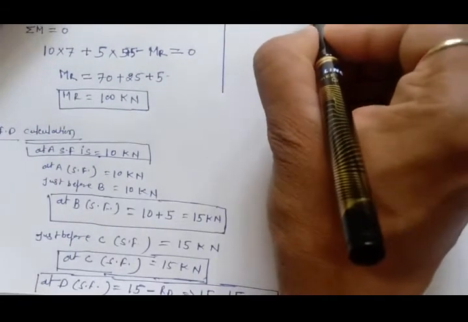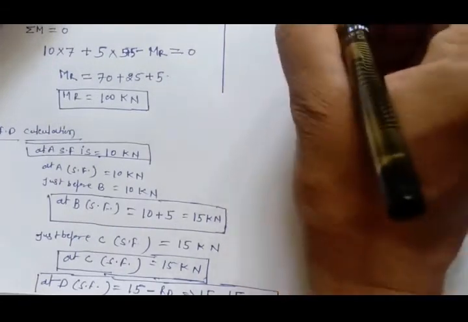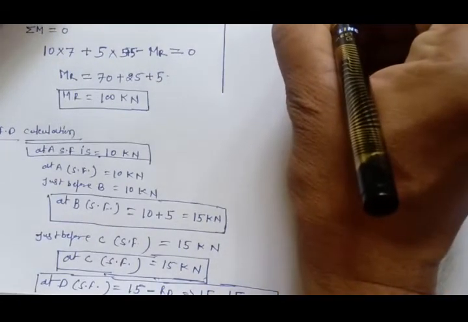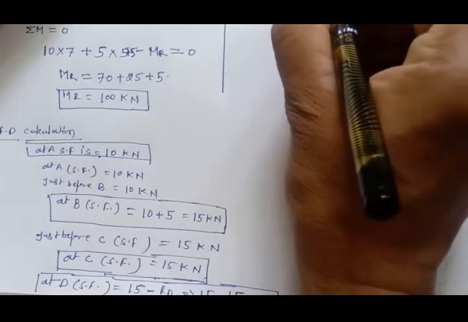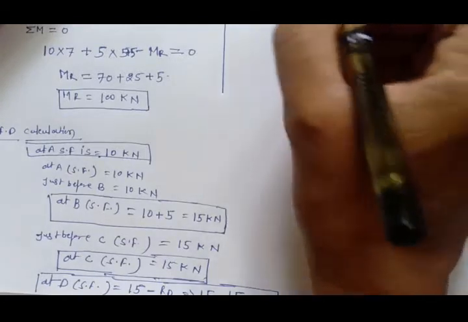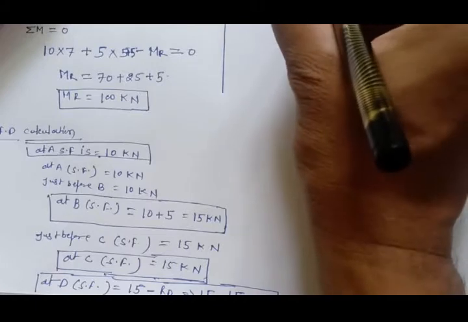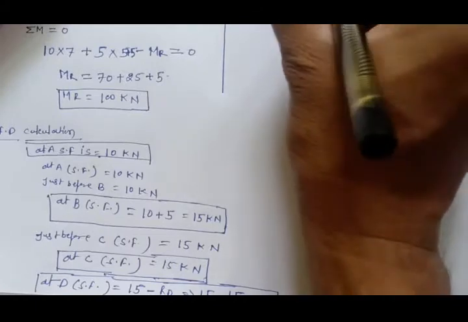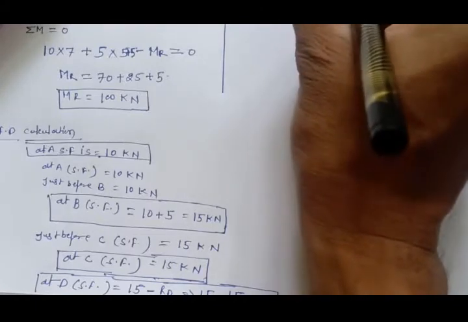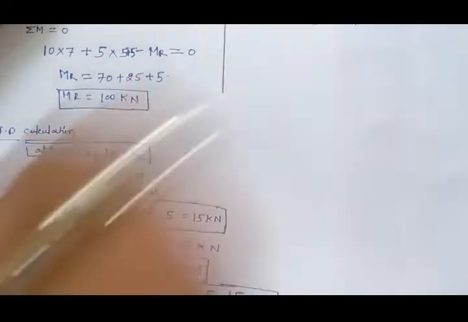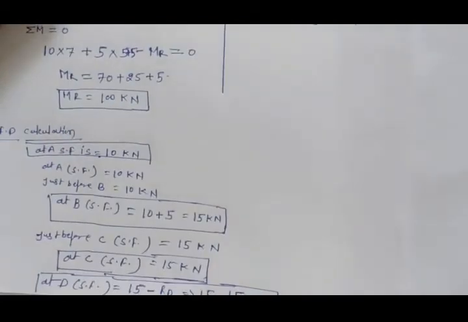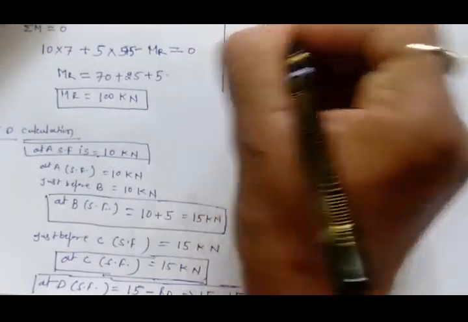And then at B it's 15 kilonewton. Now this is B. Because no other forces are there, just before B a constant 10 kilonewton will be there, but at B another 5 kilonewton is there, meaning a total of 15 kilonewton at B. Now at C, this is the point C, it goes constant.